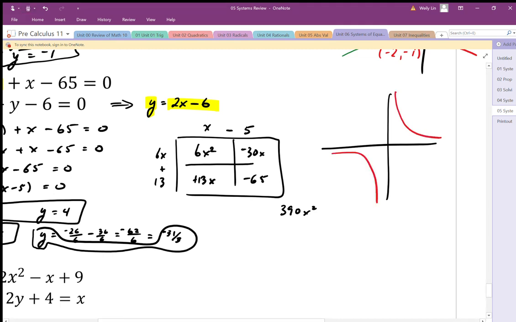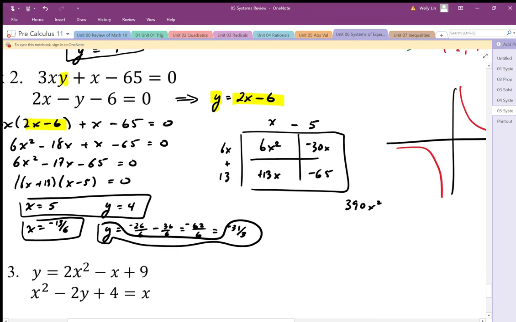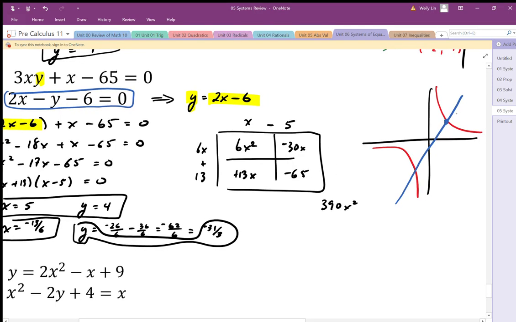And when I plug in the other linear equation here, we end up with 2x minus y minus 6 equals 0. Okay, so this is a straight line equation, and I'm going to have something that looks like this. I have my intersection here. That's going to be at x equals 5, y equals 4.